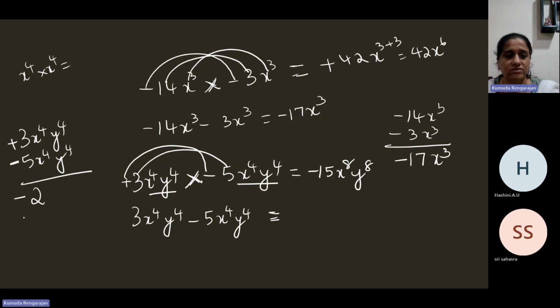Different signs, you subtract, so you get 2. Put the sign of the greater number. 5 is greater, so minus. The answer is minus 2x power 4 y power 4. The literal factors will just come down as they are. You should not simplify them. That's the difference. You got it?